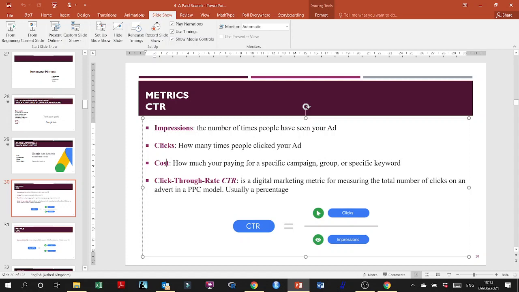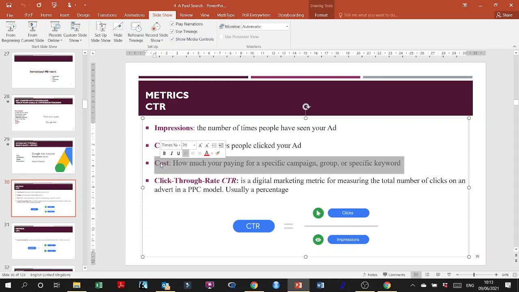Now we have the cost also, which is how much you're paying for a specific campaign. This would be the money spent over the number of clicks. So click-through rate is the clicks over impressions, which is views. As you can see, here's an I, which is views, and here is the mouse cursor, which is like a proxy for clicks.